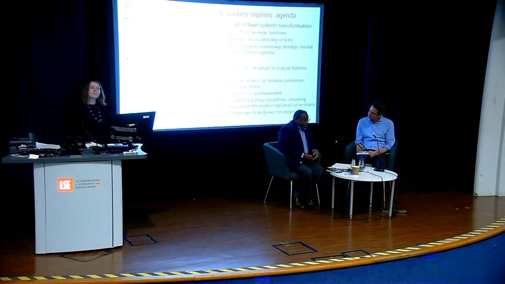But I also wanted to make a few comments on what you've presented, and I'll start with citrus, which I think is, as you point out, a very interesting story, and it's unique. Basically, I can't think of any other agricultural product that has a similar structure in terms of how the growers have been able to organize themselves.